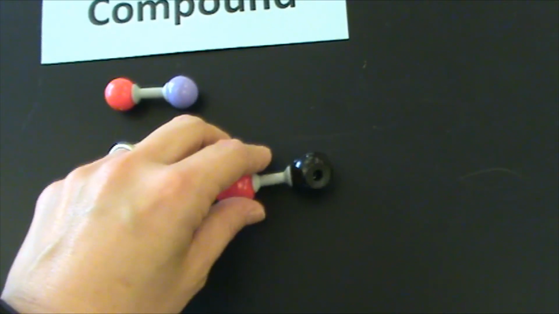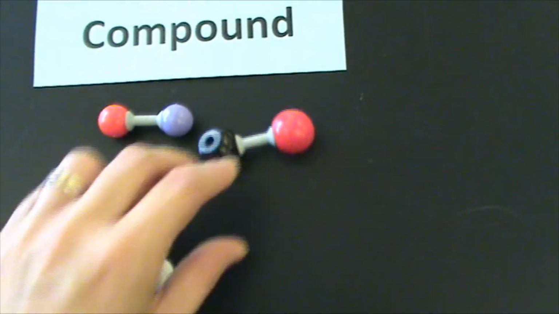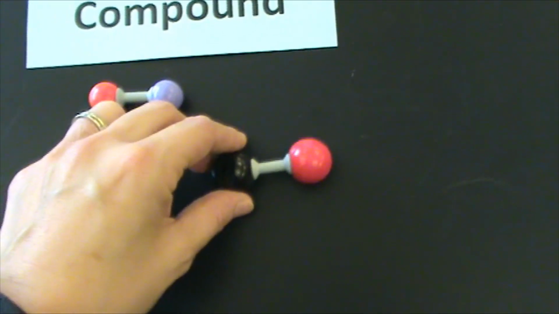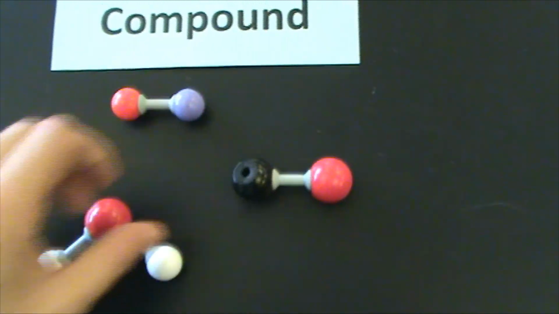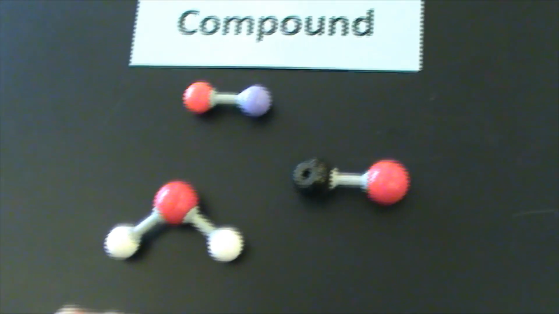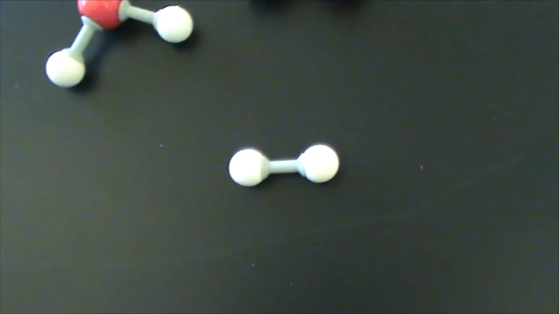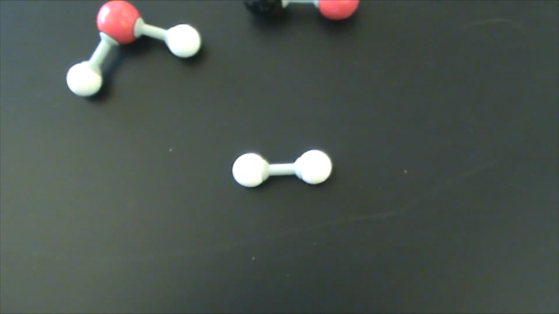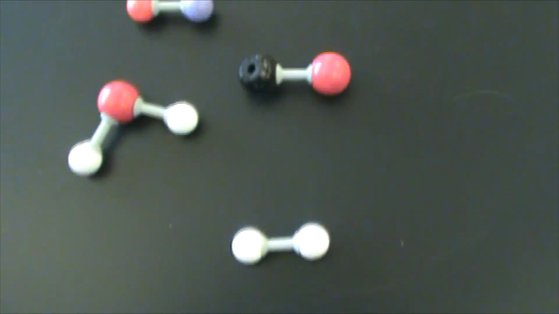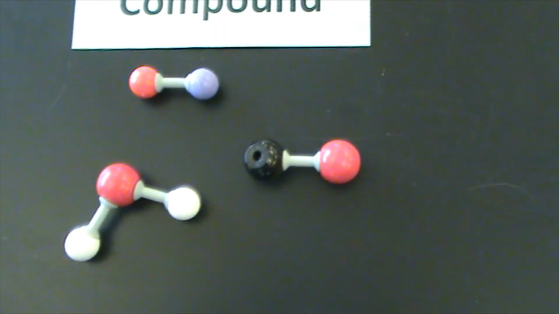An additional example would be an oxygen combined with a carbon, and that would be carbon monoxide. To show you the difference, two hydrogen atoms together would not be a compound because I need to have two different elements combined together.